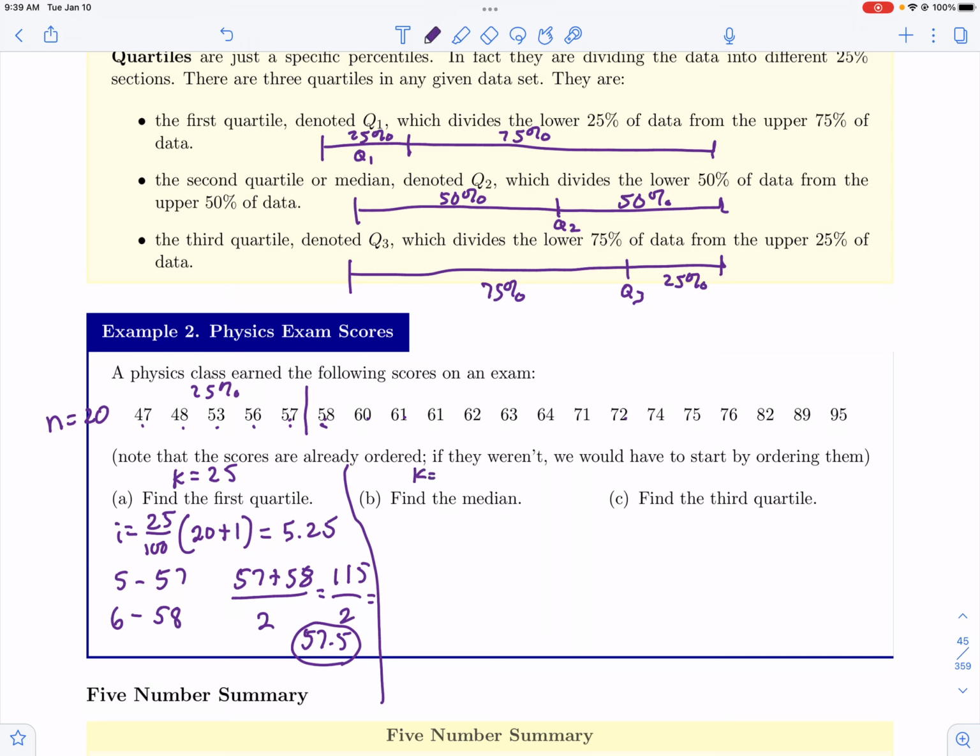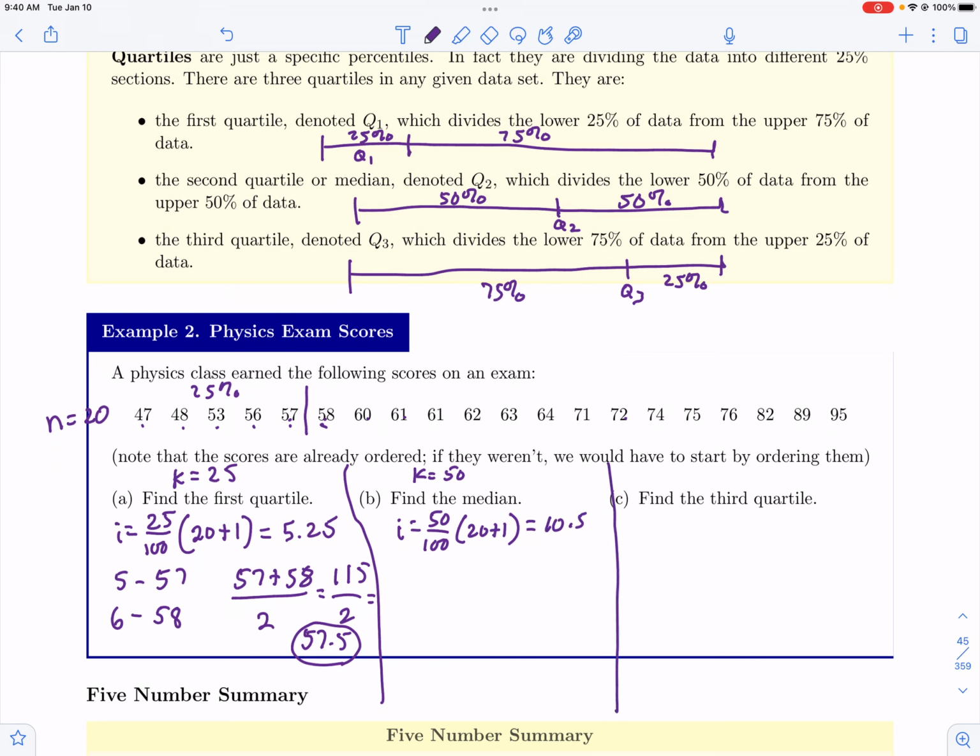So this is going to be the actual middle of our data. For this one, we're looking for K equals 50. So our setup's the same. 50 over 100 times 20 plus 1. And so if we type this in, we're going to get 10.5.